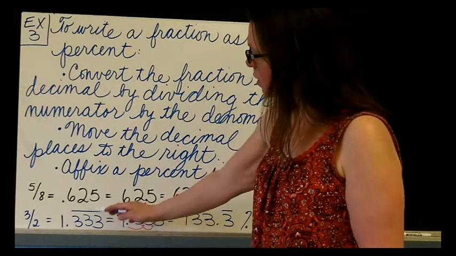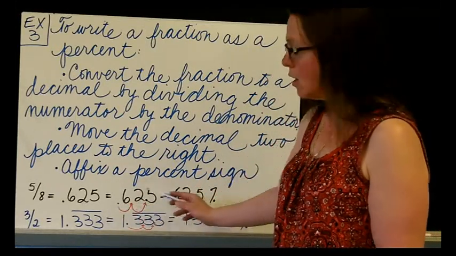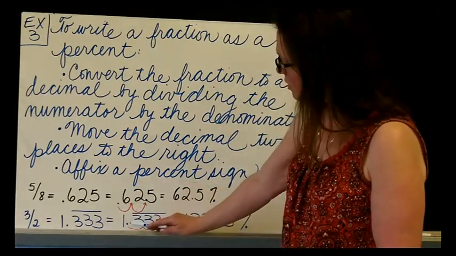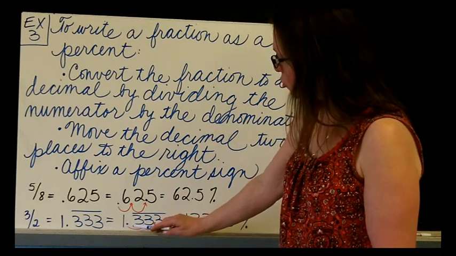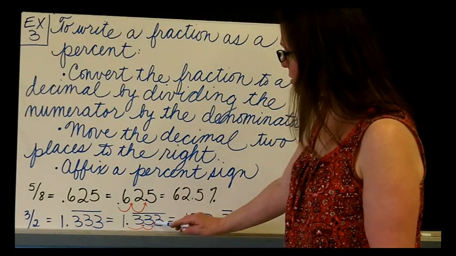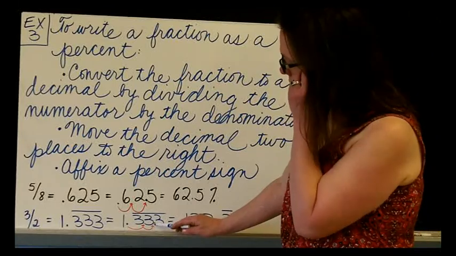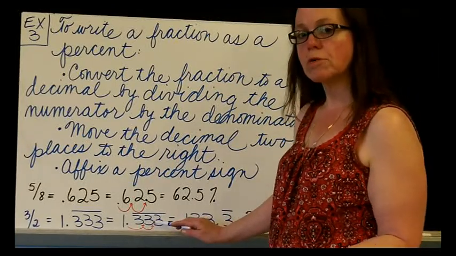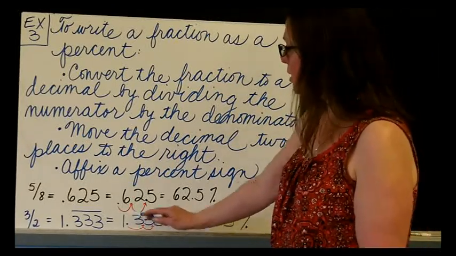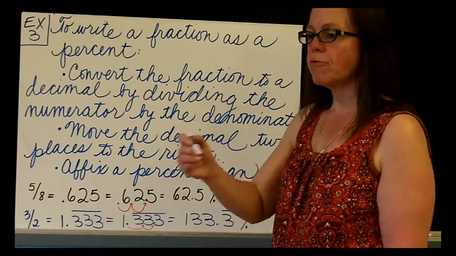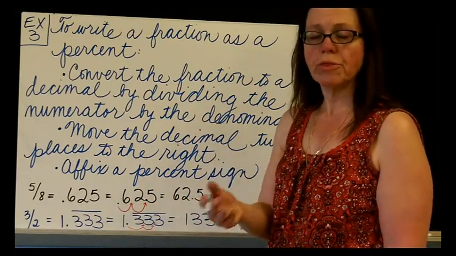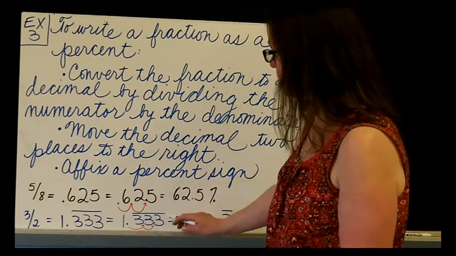So what I did was I wrote several 3's so that when we move our decimal place to the right 2 spots, we don't accidentally insert zeros for empty spots. We want to remember that since it's repeating, every place after the 1 repeats 3's to infinity.